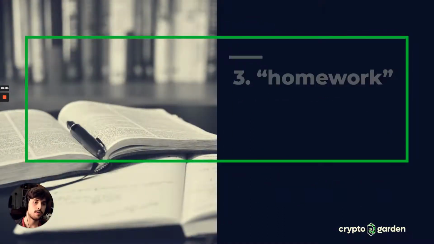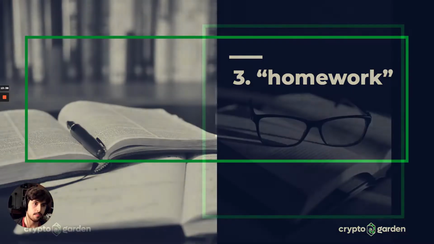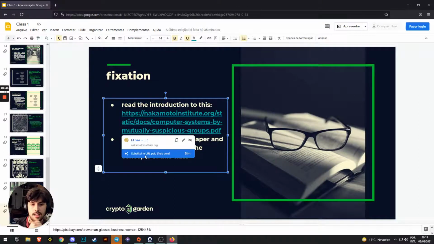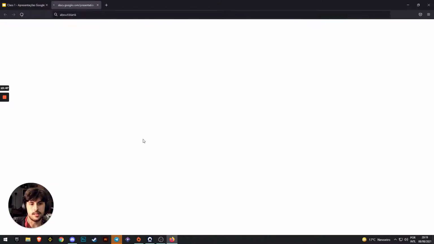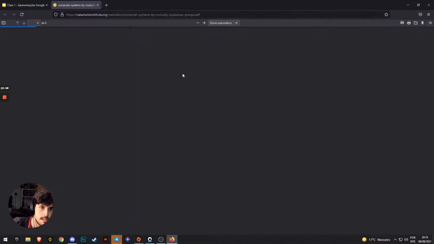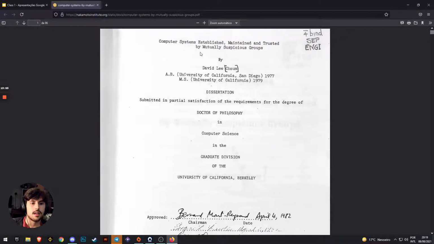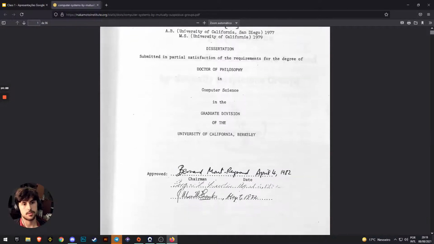So a little bit of homework, which I know is boring, but can really help, is this. I'm going to exit the presentation now. I would like you to read the introduction to this study, called Computer Systems Established, Maintained, and Trusted by Mutualist Groups, right?